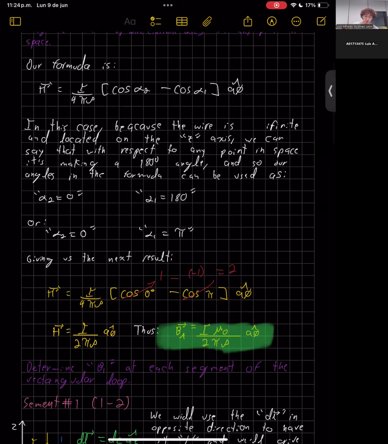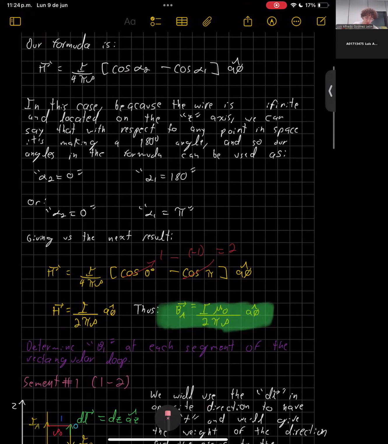So these angles are the ones that we're going to substitute into our formula, being alpha 2 as 0 and alpha 1 as pi. Instead of using 180, we're using it in polar coordinate systems. So we know that pi is the one that goes from 0 to pi.